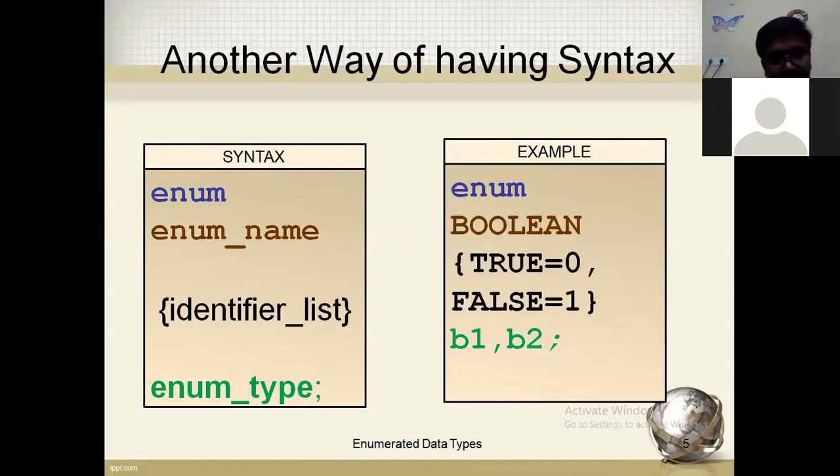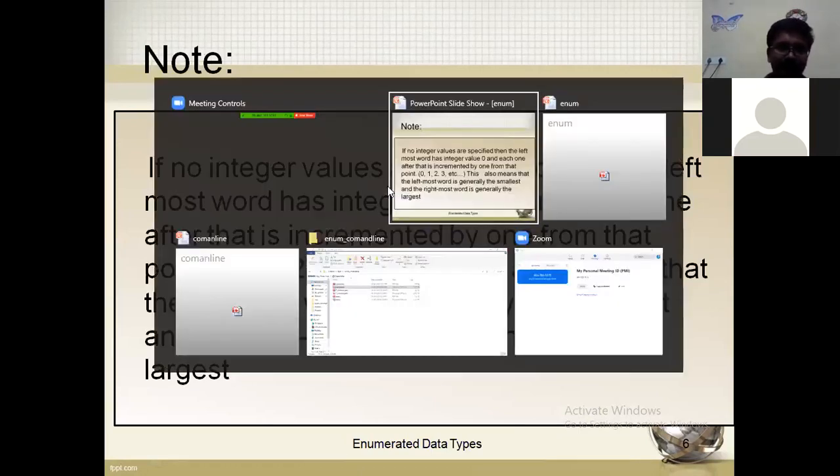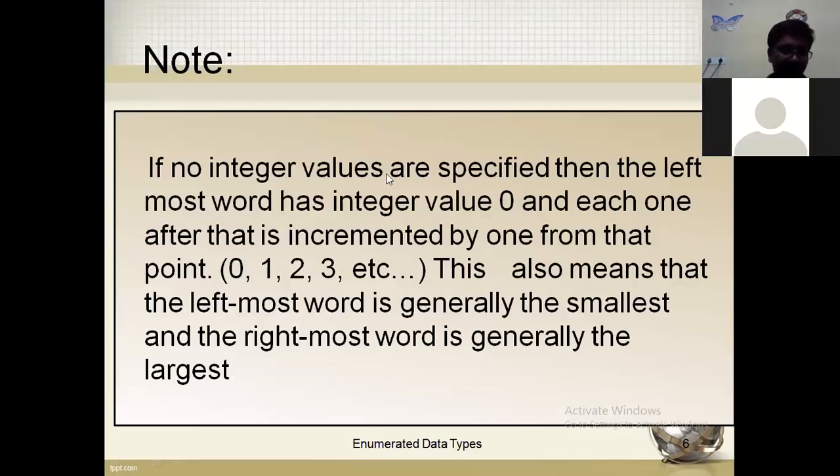True, false. What are the values of true, false? Namely, we can use 0 and 1. Like that we can assign. Let us go through one example, then we can discuss the remaining parts.